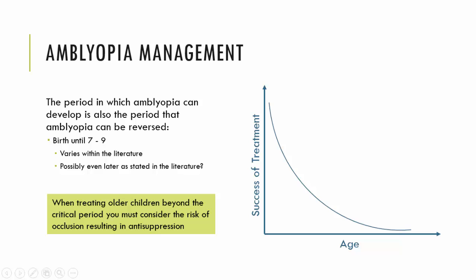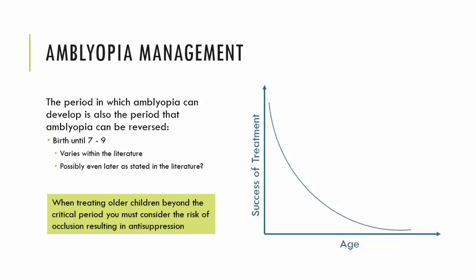This graph also relates to the development of amblyopia. Amblyopia is far denser when it develops at an early age, around birth in the first year of life, as compared to when you develop amblyopia, say, at the age of 4 or 5. It will be milder in form and easier to treat. So they go hand in hand. The more cortical plasticity we have, the easier it is for amblyopia to develop and to develop densely.